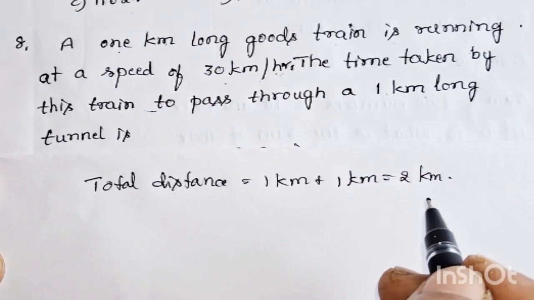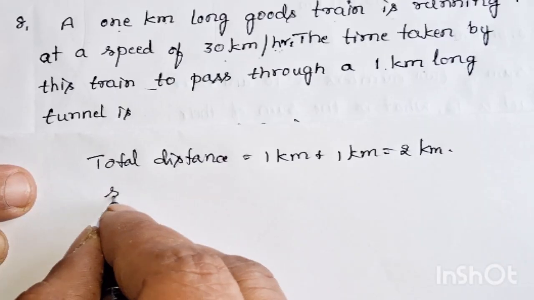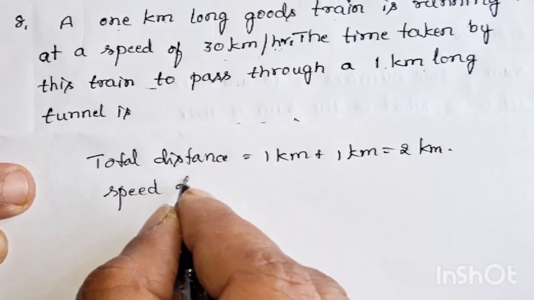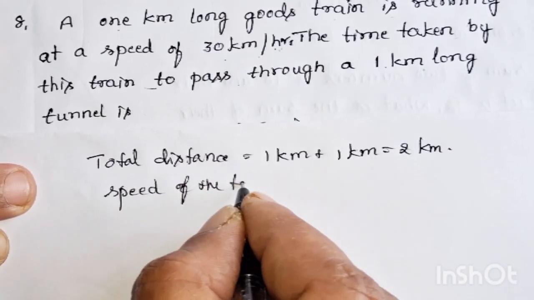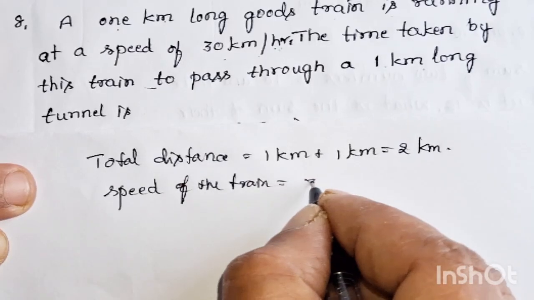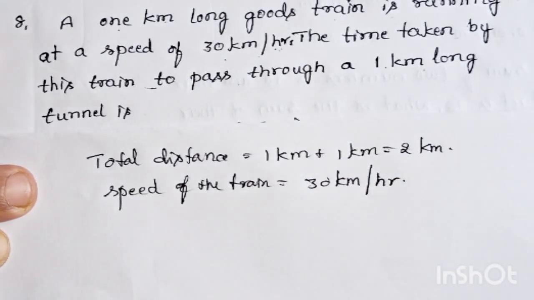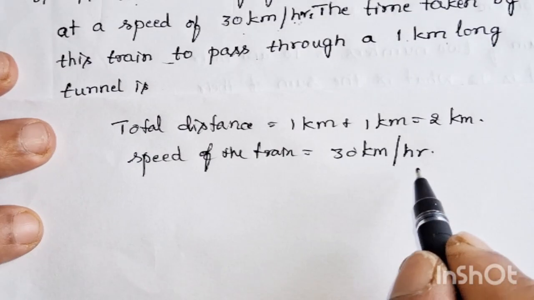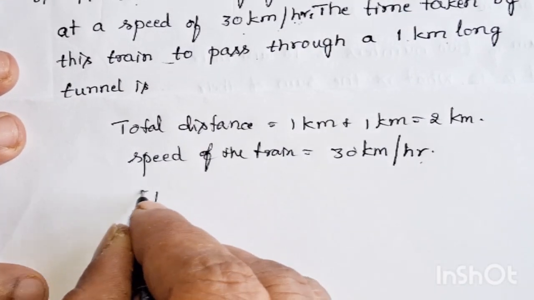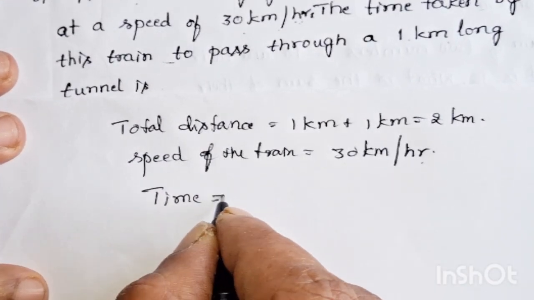So total distance is 1 kilometer plus 1 kilometer, that is 2 kilometers. Look at the question. The speed of the train is given in kilometers per hour and the options are given in minutes. Let us calculate now. Speed of the train is 30 kilometers per hour and for time we have the formula distance over speed.